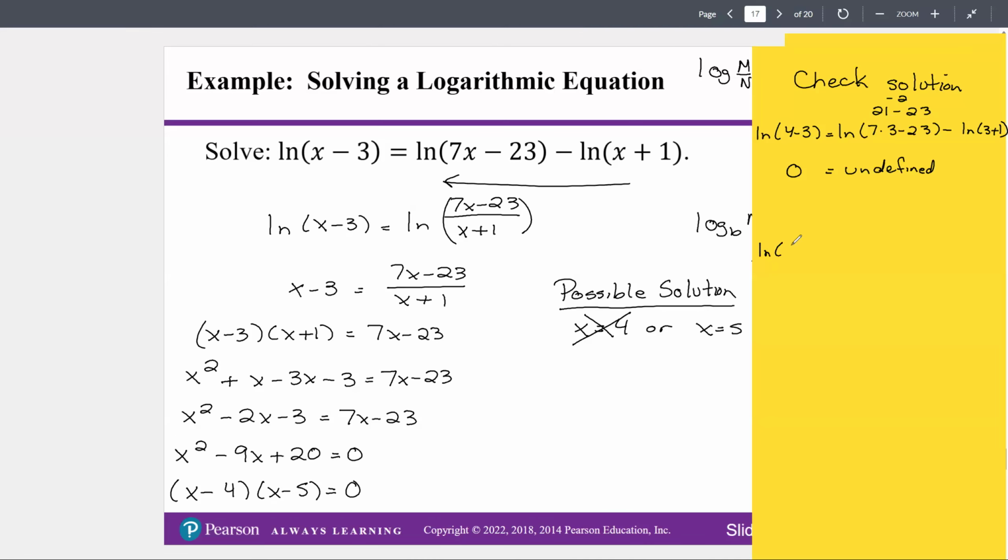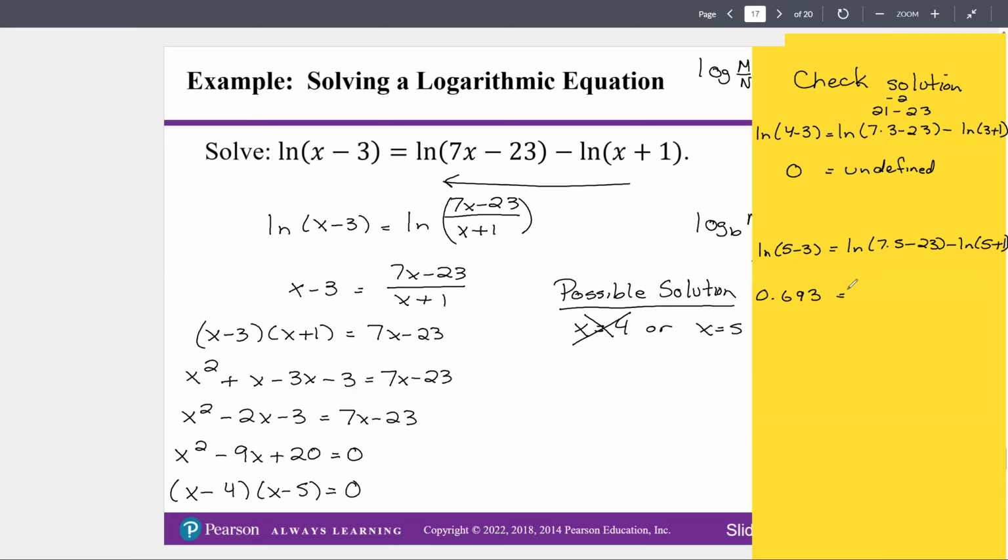Now if I do natural log of 5 minus 3 equals natural log of 7 times 5 minus 23 minus log of 5 plus 1. What we should be getting now is, let me see. I'm going to round this, but it's about 0.693.